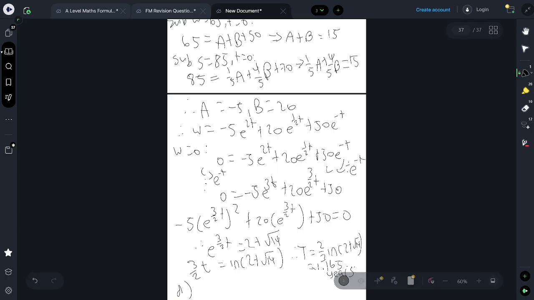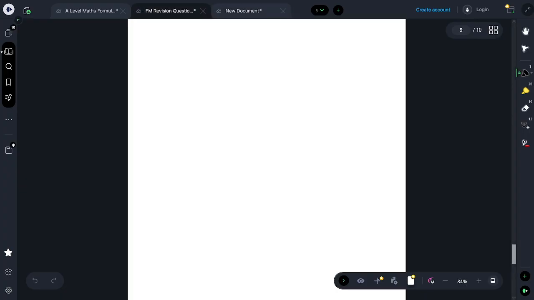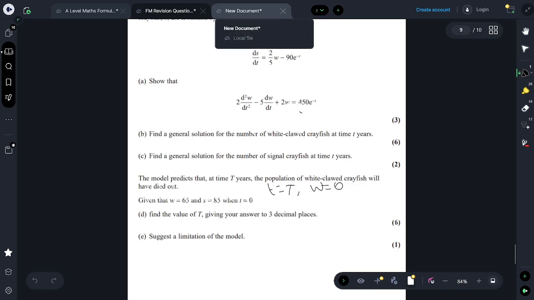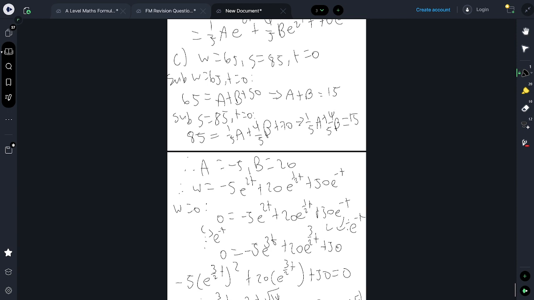So then part D, again, gives a limitation type of question, because it's a modelling one. And so for a limitation of the model, if it's a limitation of a function like this, consider if it goes negative, right? So look at this W and S here.